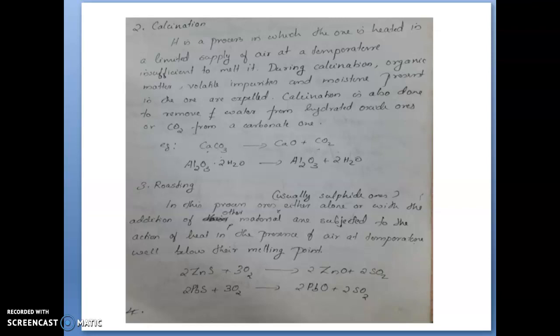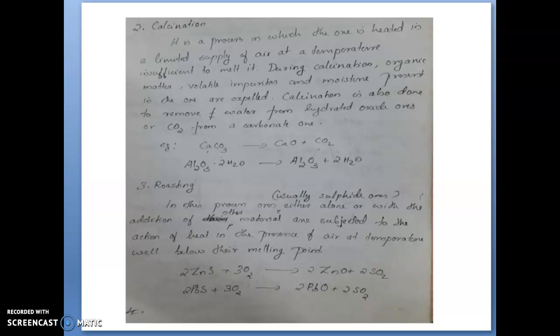In between, some special techniques for the extraction of metals also have to be discussed. So today we went through the different methods used for the metallurgical process. In the metallurgical process, the first step we have to apply is the concentration of ore.